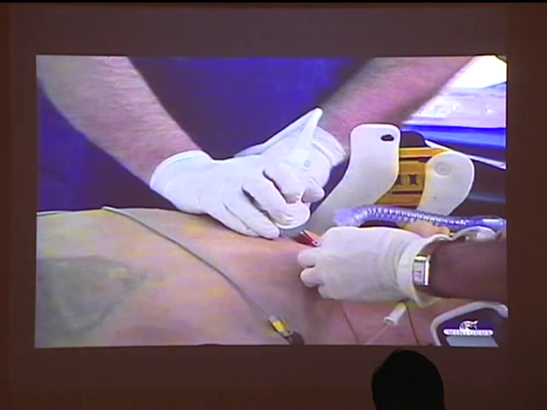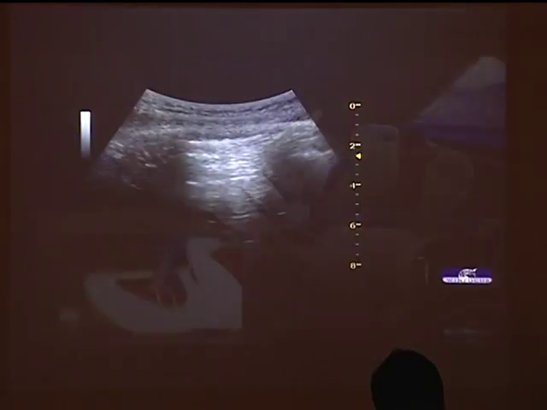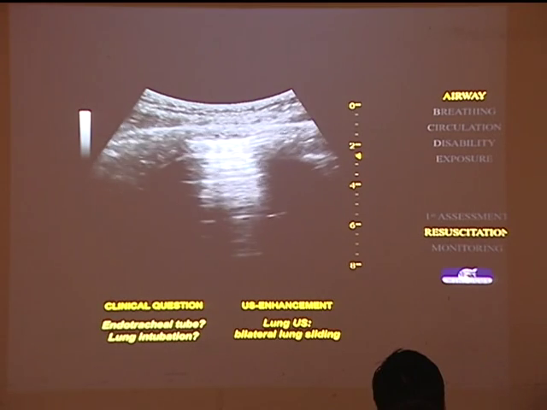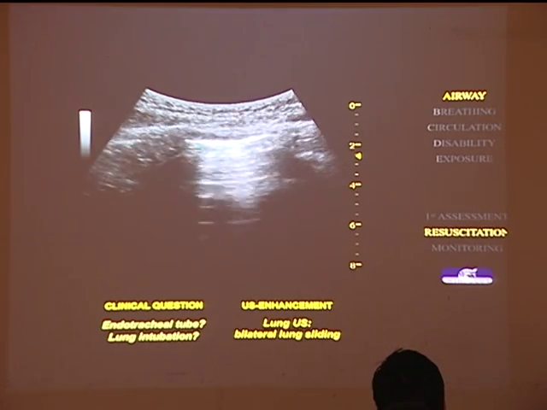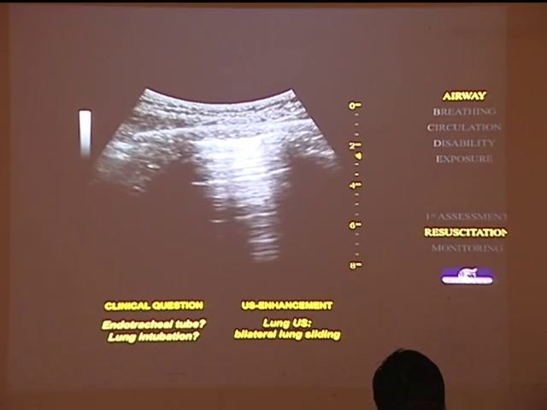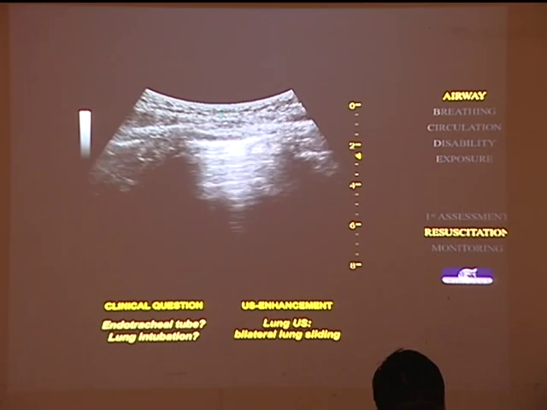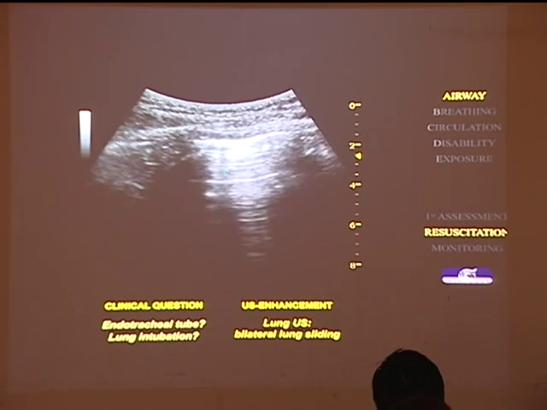We'll see it in the video in a while. I just want you to get familiar first with these images. After solving the access to the trachea, we'll check where before there was the lung pulse, what is now? The lung sliding. So we'll describe this image as no E lines, regular pleural line, with lung sliding and A lines.